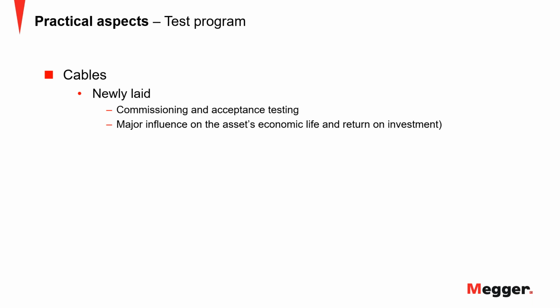So the economic life, including the return on investment that was initially calculated for a project, is directly affected by how well you are doing the commissioning test. If you do it quick and dirty, you will never get the projected calculations, the projected profits, the projected return of investment out of your project. Nowhere near.